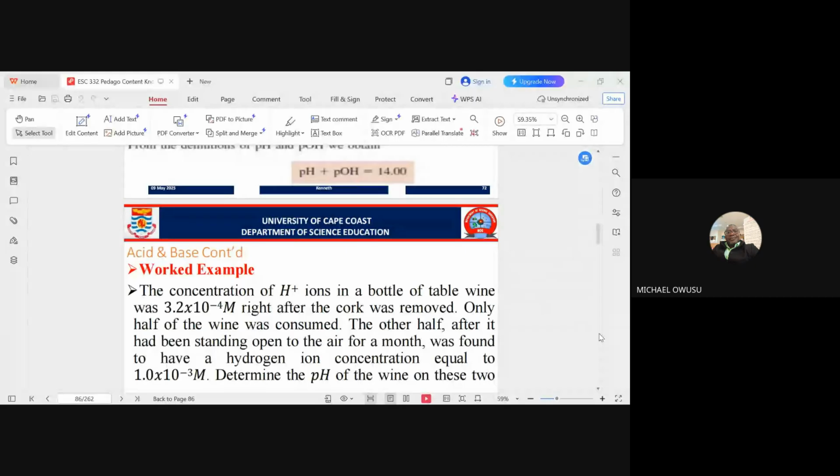The value is 3 point what? 3.16. Not 3.2, to 3 decimal places. So 3.16 times 10 to the power negative 3 molar.